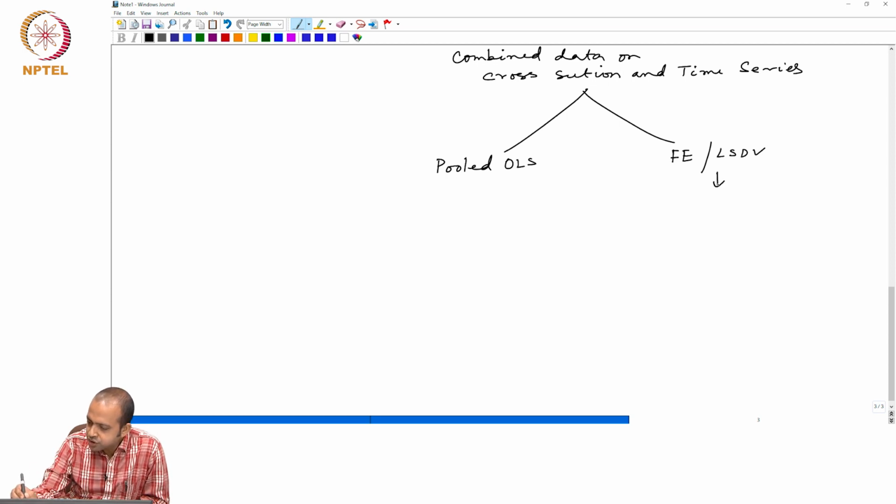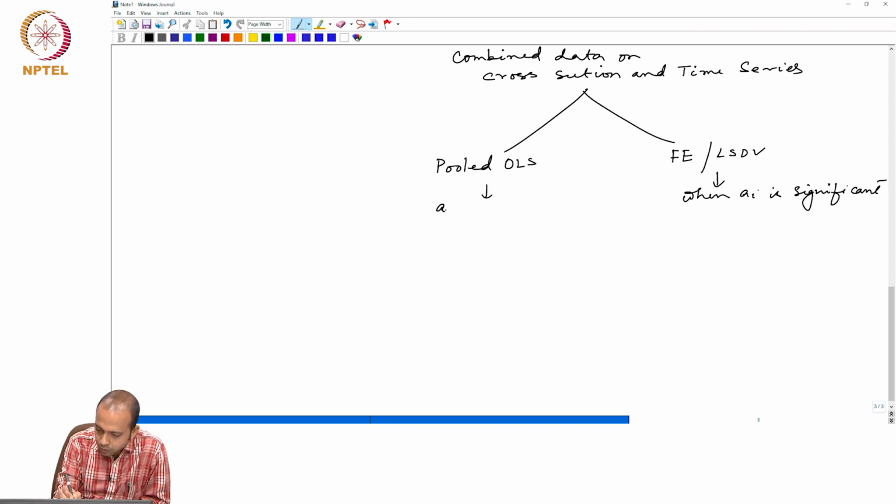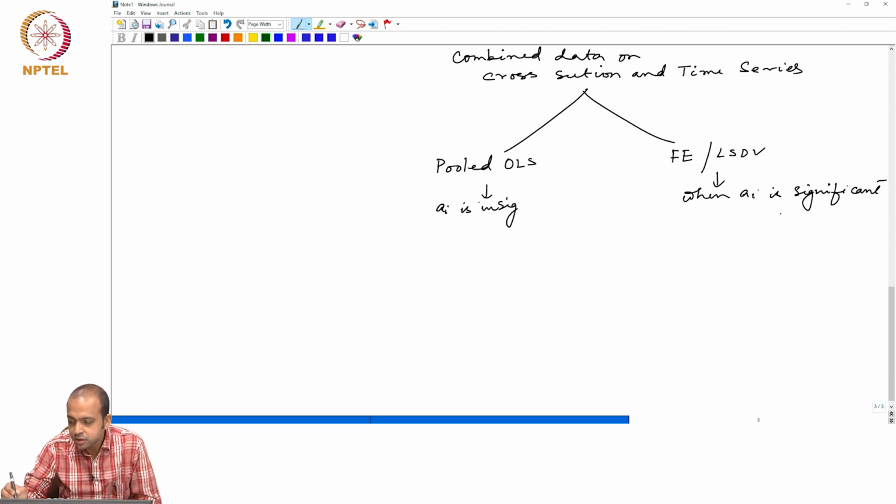Now, when to use FE or LSDV? When a_i is significant. And when a_i is insignificant, we use pooled OLS.